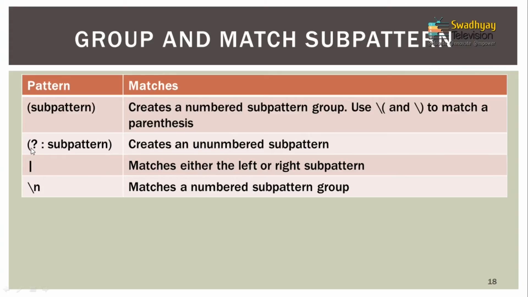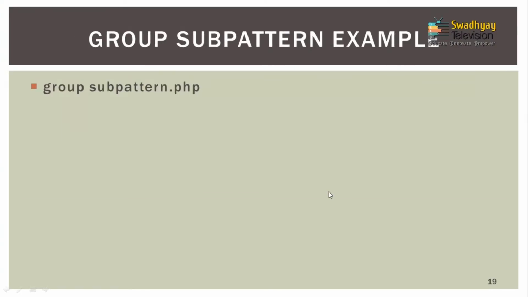You can write question mark colon sub pattern, which creates an unnumbered sub pattern. You can use pipe symbol, which can be used to match either or condition. So either the left hand side of any pattern, or after pipe symbol the right hand side of pattern. And backslash and a number match a sub pattern group.